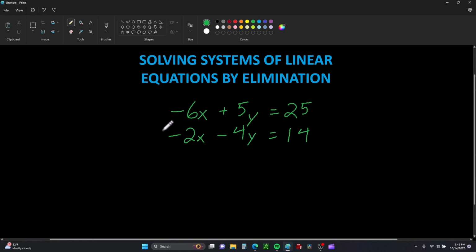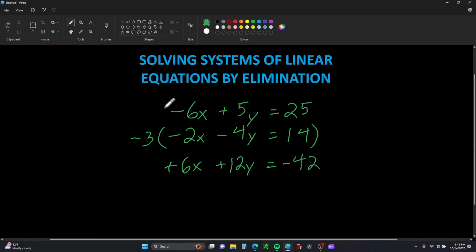Looking at this first term, this can be converted into being a plus 6x if I was to multiply straight through all of the terms by minus 3. I would then get positive 6x plus 12y equals minus 42.